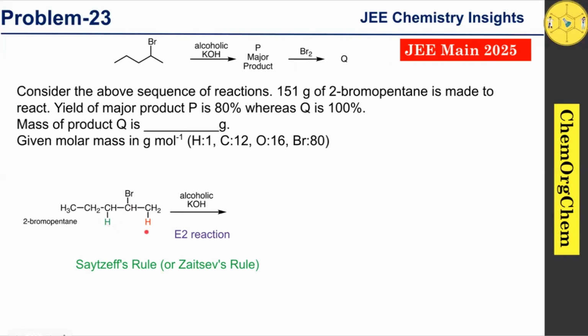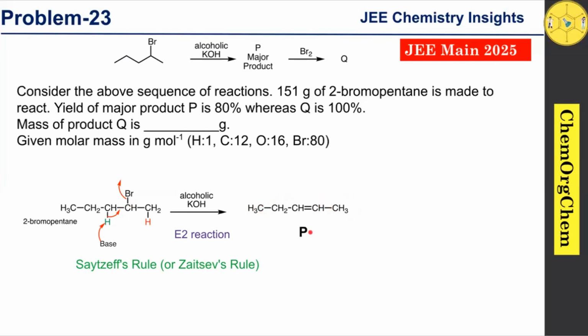In case our base takes this red hydrogen, it produces the less substituted alkene. Therefore, according to Zaitsev's rule, our base readily takes this proton. Now this electron pair moves here, kicking off the bromine atom, which produces the corresponding alkene as a product. So this is our product P.